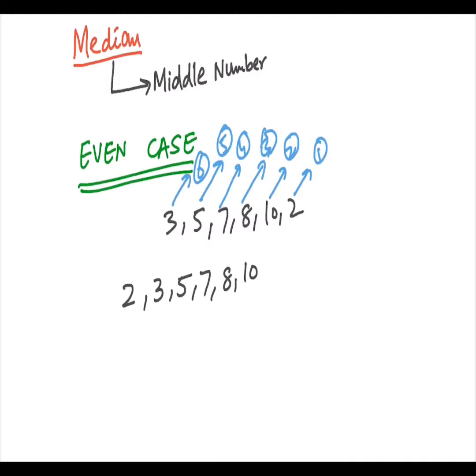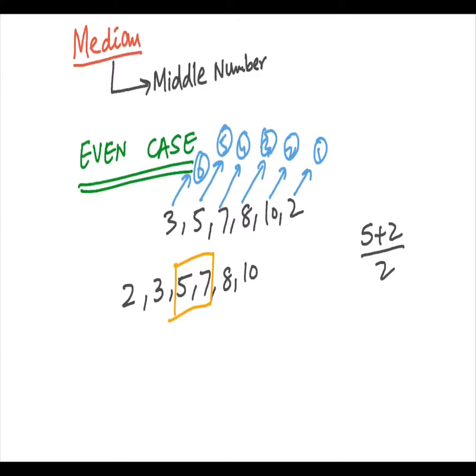When you have an even number of quantities, you have to take the 2 middle numbers for the median. So in this case, after ascending order, which 2 numbers are in the middle? Those are 5 and 7. So I can highlight those numbers, 5 and 7. What we have to do is add up these 2 numbers and divide by 2.